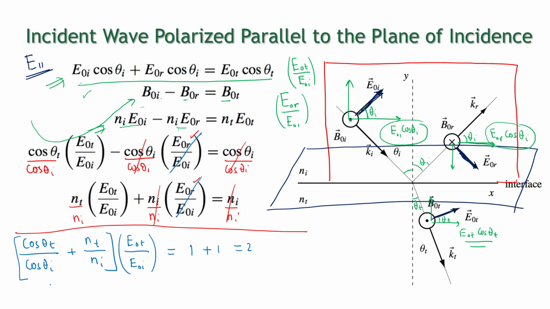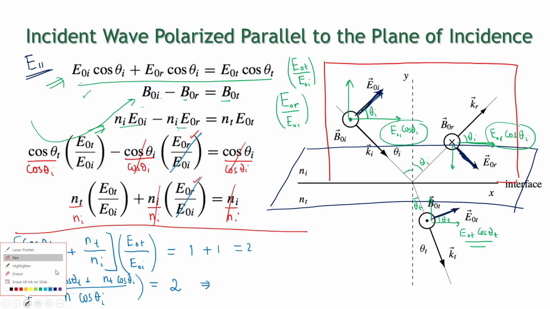So simplify that, we'll have ni cosine theta t plus nt cosine theta I over ni cosine theta I, that is equal to 2.